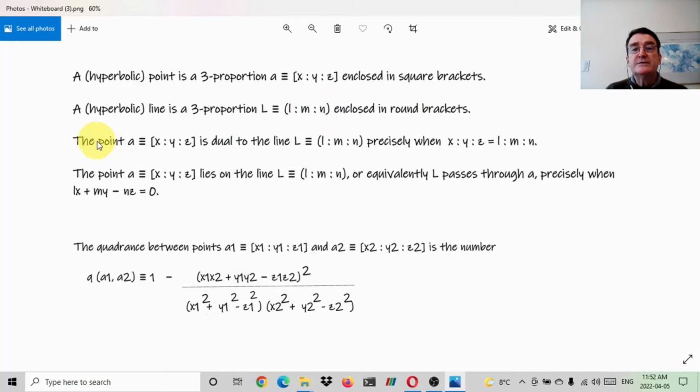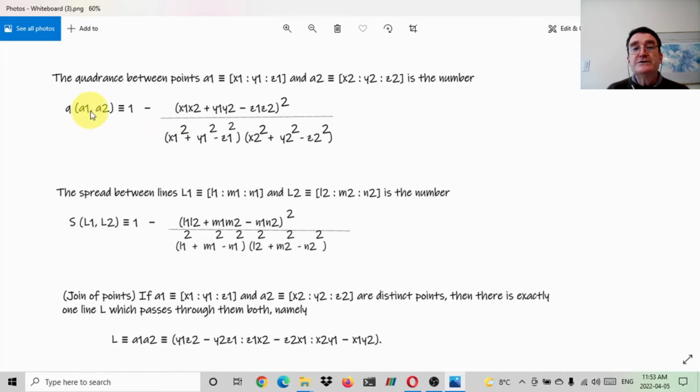The point A = [x : y : z] is dual to the line L = (l : m : n) precisely when x : y : z equals l : m : n. The point A lies on the line L, or equivalently, L passes through A, precisely when l times x plus m times y minus n times z is equal to 0.